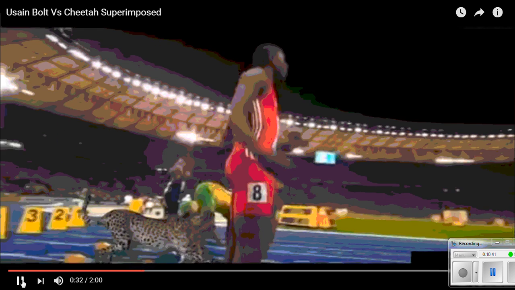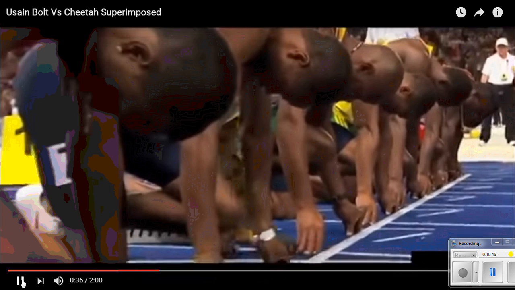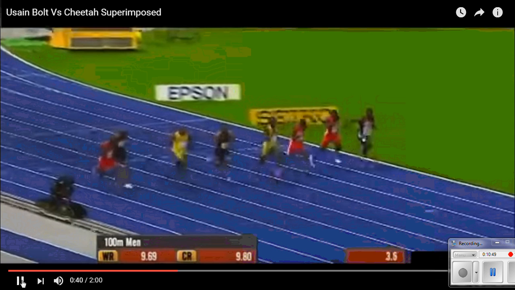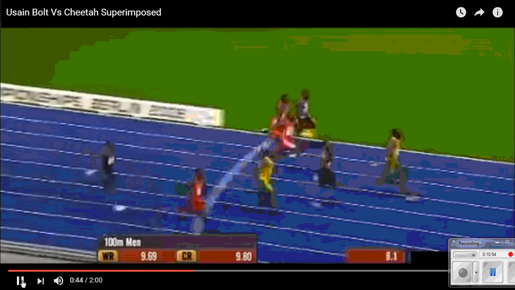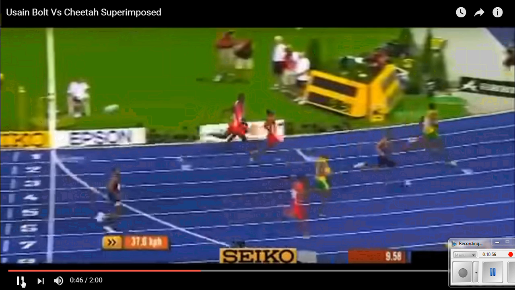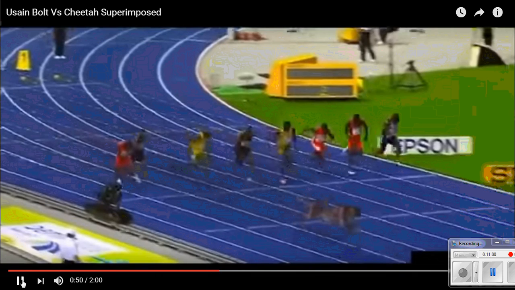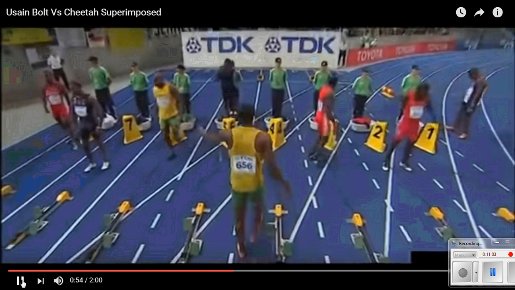Let's put a cheetah on the track for the same event, which gives a whole new meaning to the term fierce competition. The cheetah takes off and is quickly ahead of the entire pack of human runners. In just 5.95 seconds, the cheetah has won, beating Bolt's record by more than 3.5 seconds. Not even the most gifted sprinter can match it. What if we give our human runner a head start?